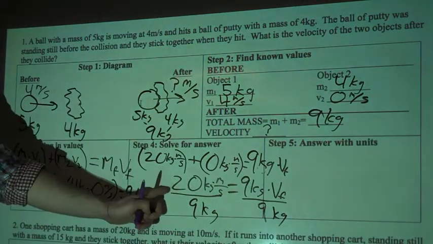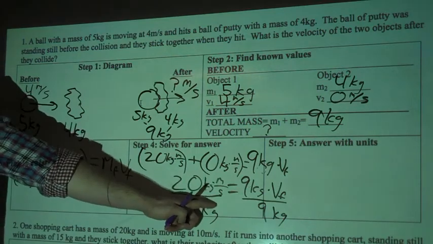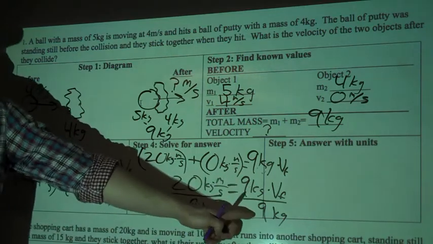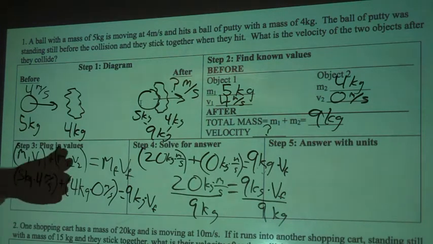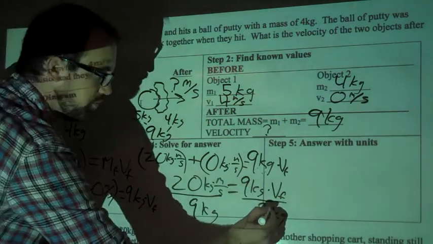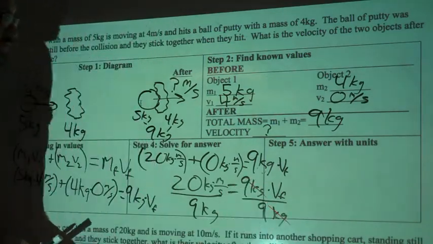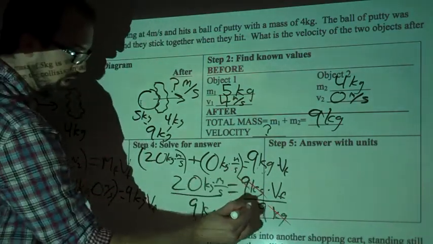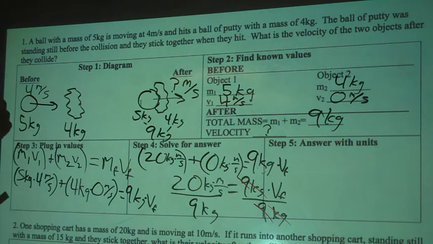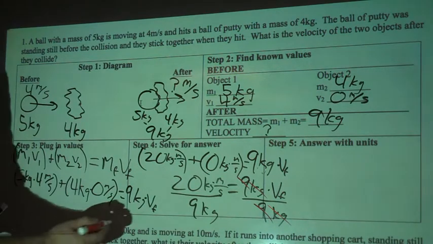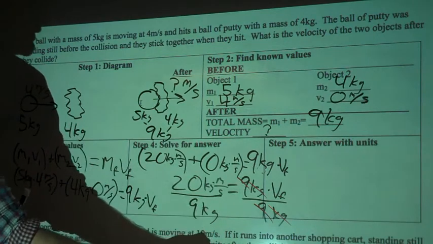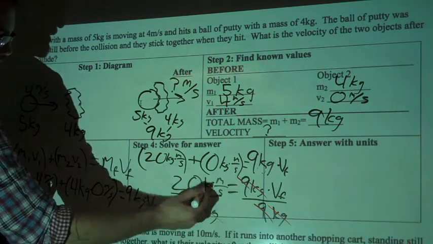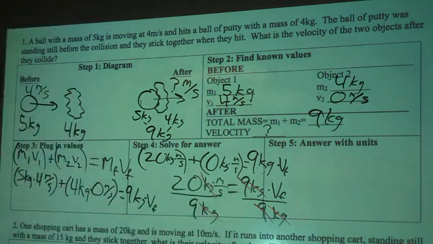So 20 kilogram meters per second divided by 9 kilograms. 9 kilograms divided by 9 kilograms, both kilograms cancel out. And the 9s also cancel out. And then I'm left here with 20 kilogram meters per second over 9 kilograms. So I can actually cancel out these kilograms and these kilograms too.